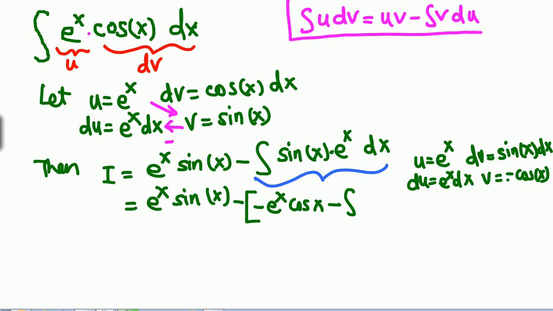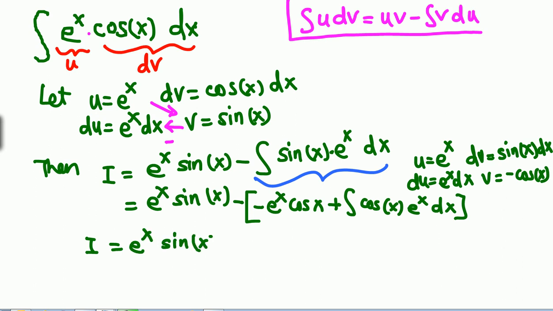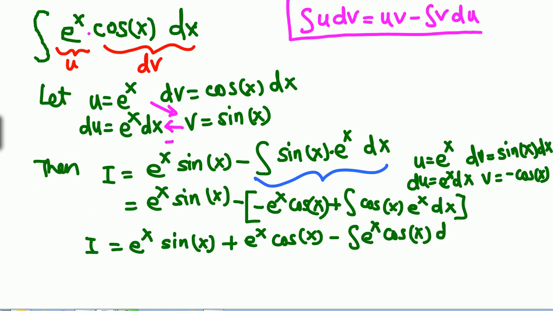So v is negative cosine x, and the negative makes it positive: cosine x e^x dx. Let me get rid of this bracket. So the original integral I equals e^x sine x minus, plus... minus plus minus, and we have the integral of e^x cosine x dx.